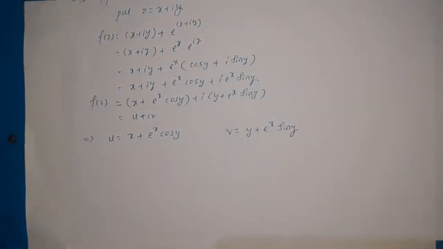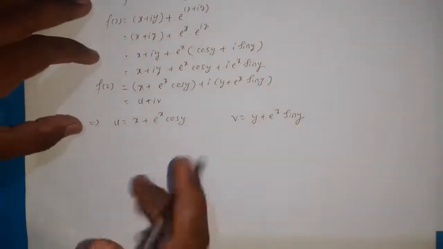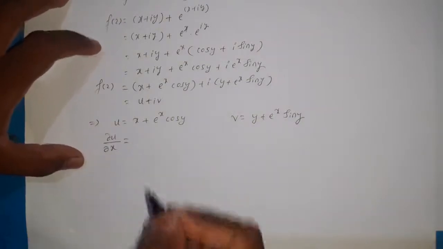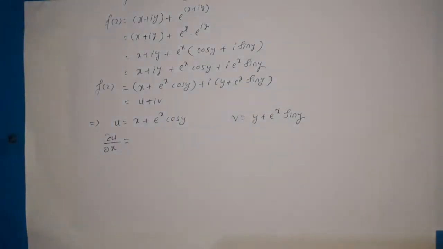Now we have the real and imaginary parts, where u is the real part and v is the imaginary part. So now we need to find all four partial derivatives. First, dou u by dou x. Whenever we differentiate partially with respect to one variable, the remaining variable acts as a constant.